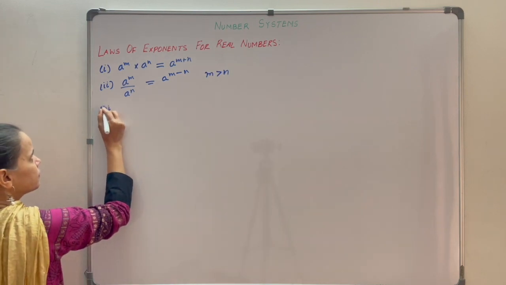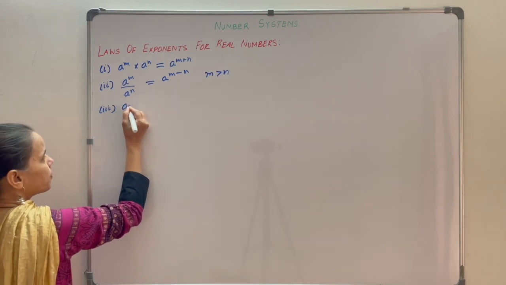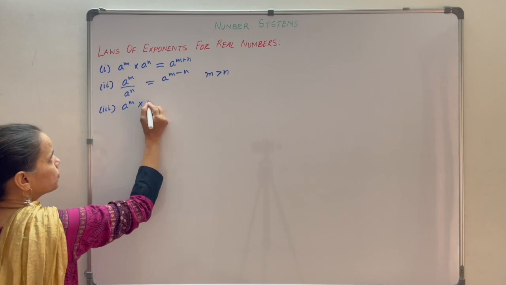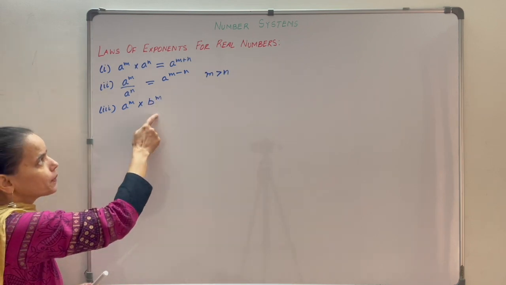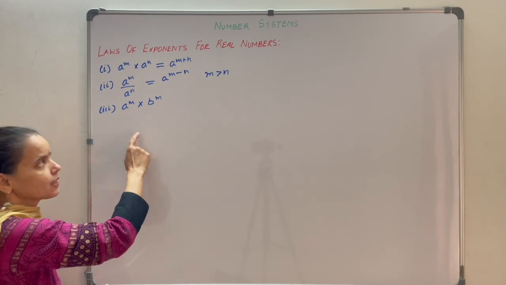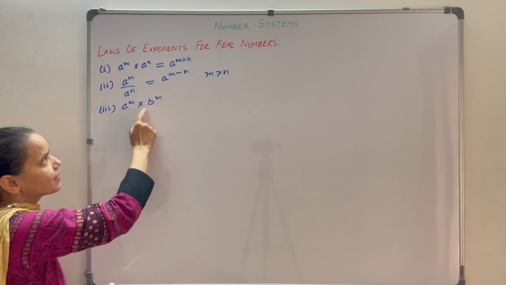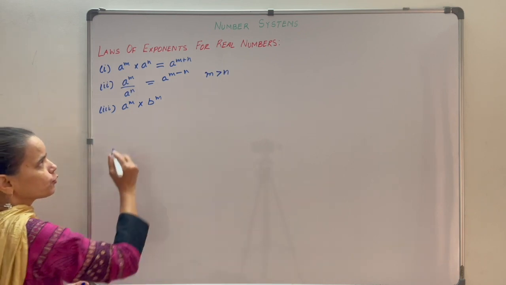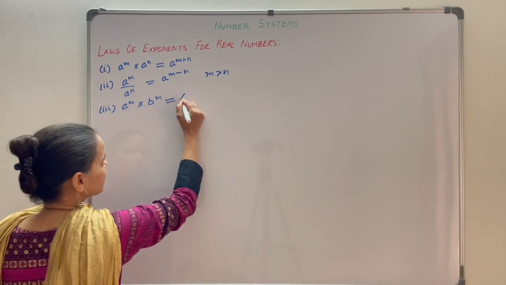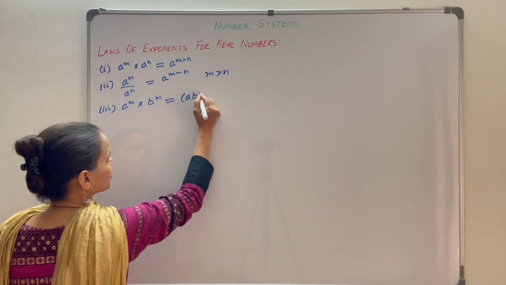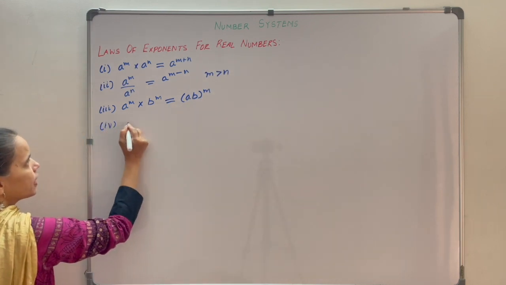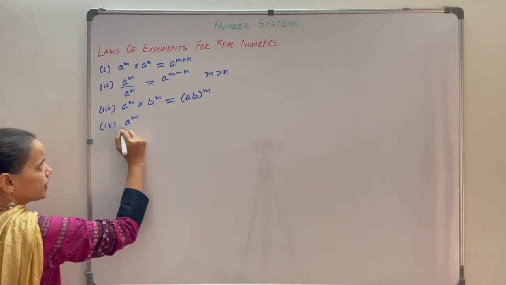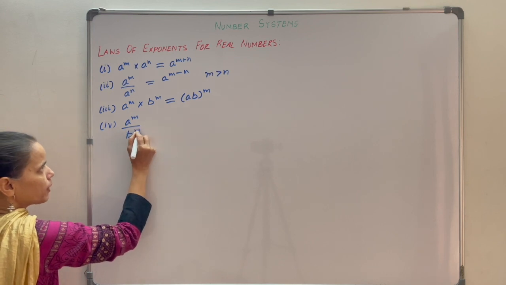Next we have a raised power m into b raised power m. Here the two numbers have different bases. Here the base is a and here the base is b. So we can rewrite it as ab whole raised to power m. Then we have a raised power m divided by b raised power m.